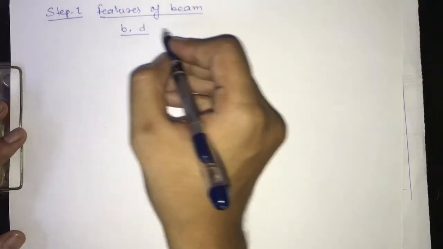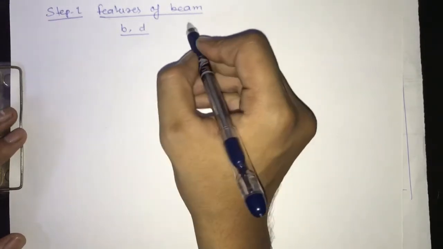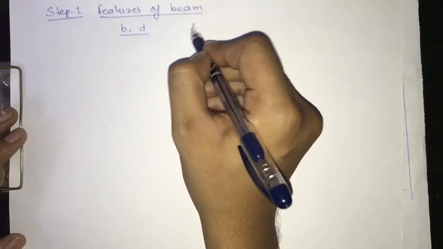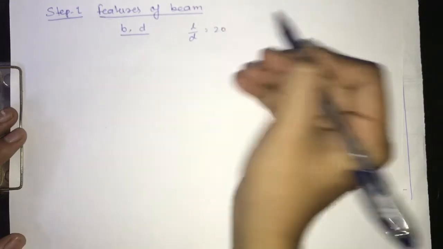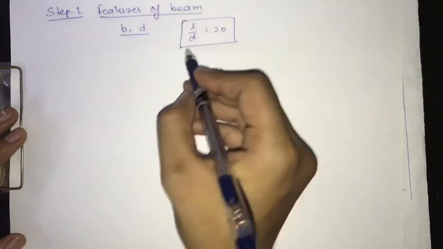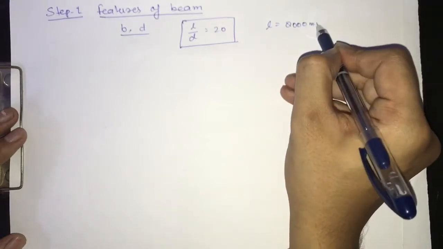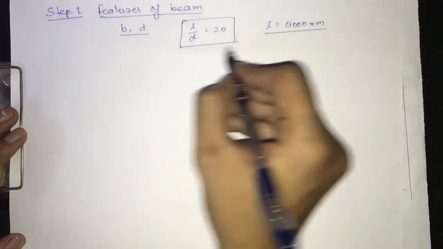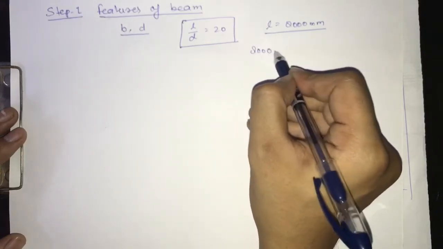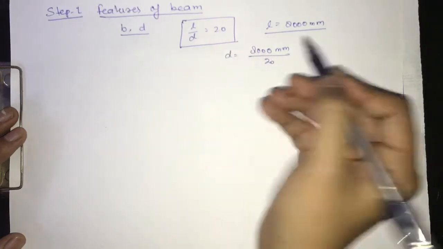In the case of a simply supported beam, by IS code 456, the span by depth ratio is equal to 20. So here we have the span L is equal to 8000 mm, so we can find out the effective depth. 8000 mm upon 20 is equal to D.